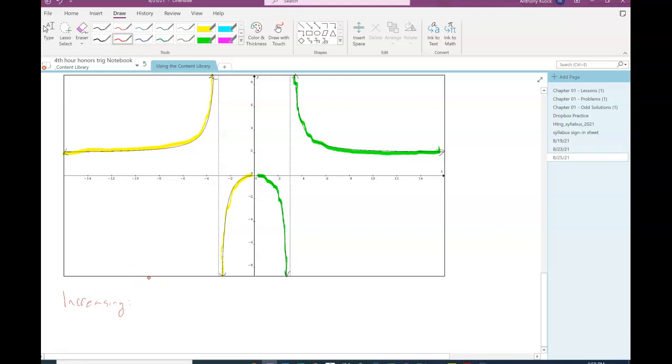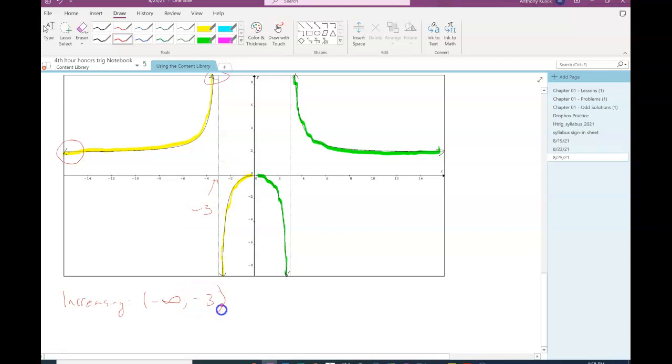So again, we always start at the far left. So the first increasing part is here that includes the left arrow. So that means it's negative infinity. And ends at this right arrow, which appears to be at this asymptote that happens at -3.